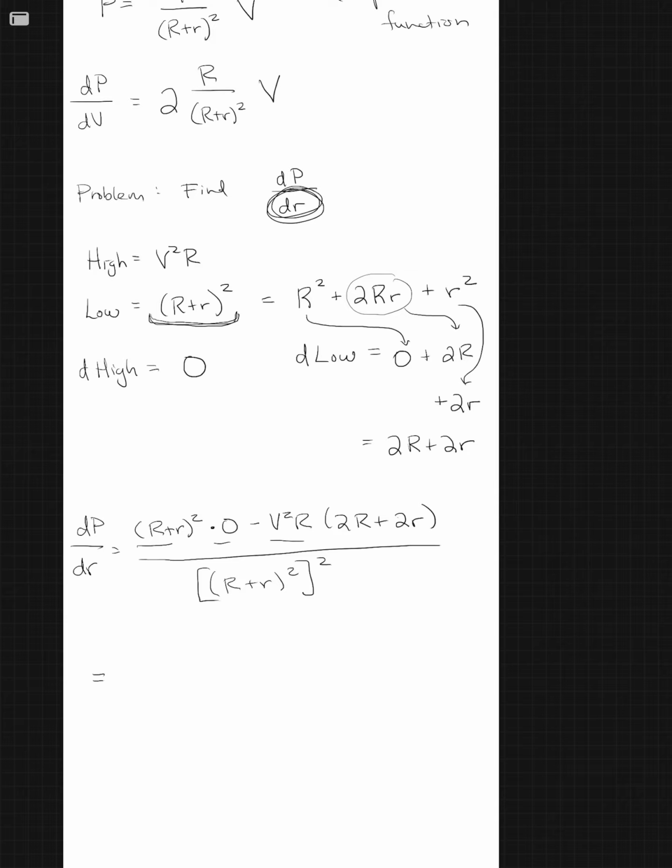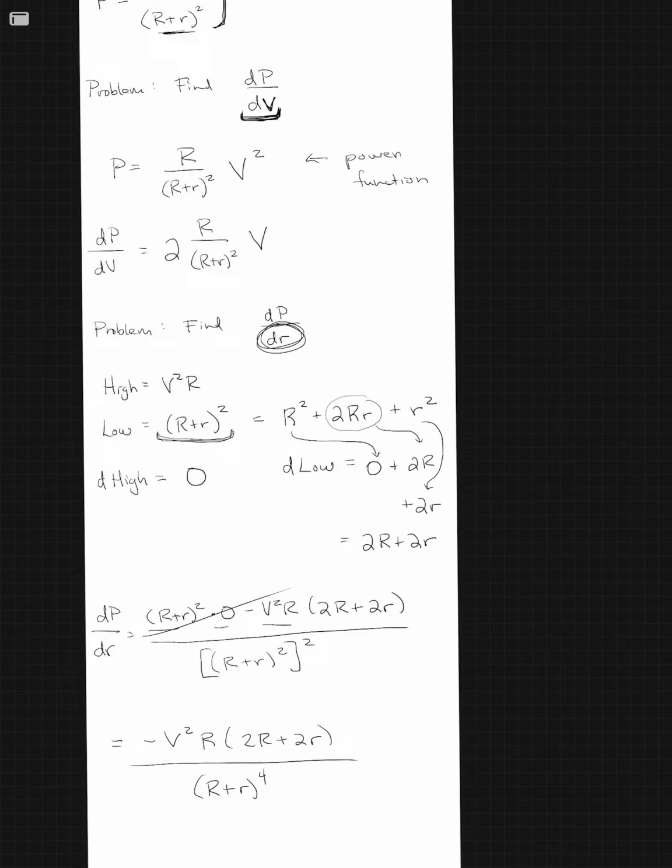Right, and this one we can simplify a little bit, if nothing else, because multiplying by 0 makes that go away. So we get negative V R squared times 2 capital R plus 2 little r, all over capital R plus little r to the 4th. Right? So since our little r was on the bottom of the fraction, we do in that case have to use the quotient rule, right?